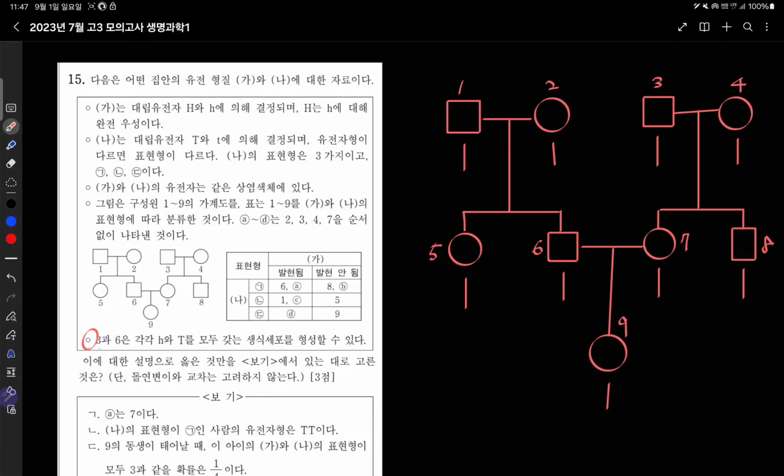And individual number 3 and 6, they can make gamete with a lowercase h and capital T. And that means both individual 3 and individual 6 have a chromosome with a lowercase h and capital T linked.